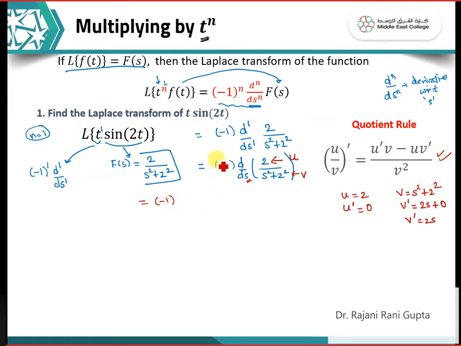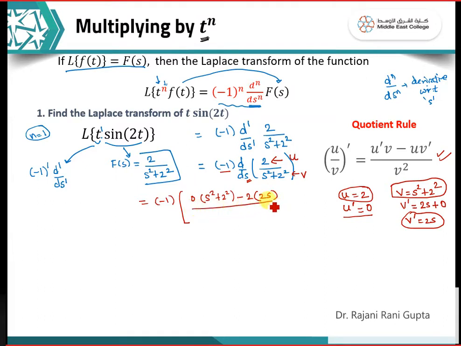Minus 1, because of this minus 1, in place of this, the derivative of u, which is 0, multiplied by v, which is s square plus 2 square, minus u, which is 2, multiplied by the derivative of v, which is 2s, over s square plus 2 square, that is v square.